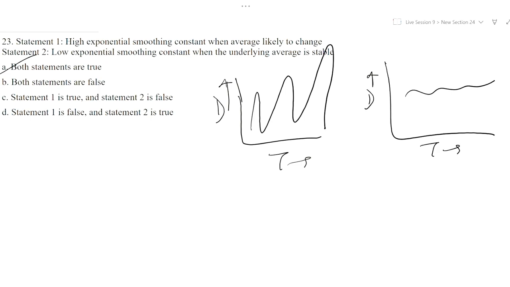So, in a high exponential smoothing constant, the average will change for sure. System will be more responsive to change.